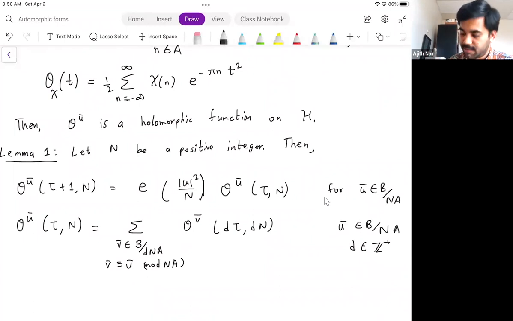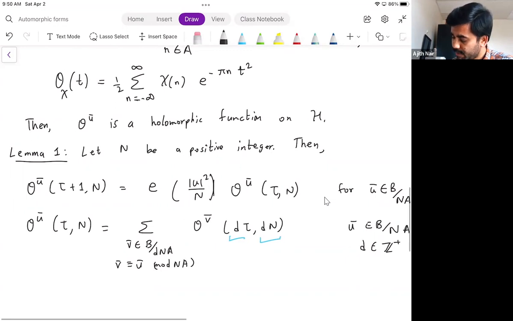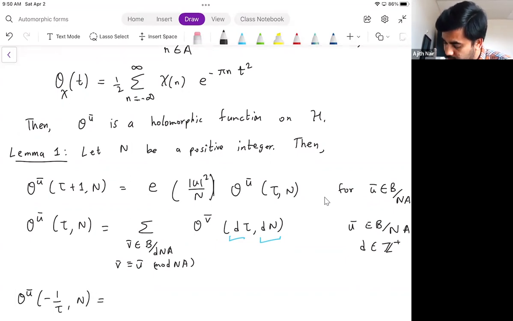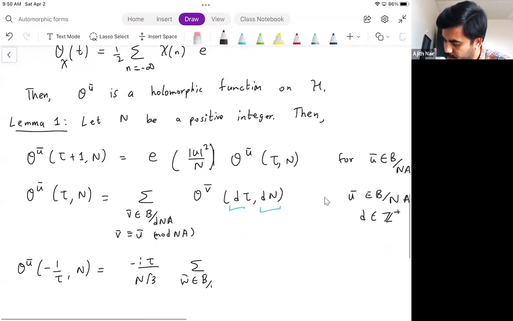We are scaling the variables tau and n, and then we try to see how that affects the theta function. The third property is again the modularity property. If we take negative 1 over tau comma n, then this is going to be negative I tau over n square root 3 summation w bar belonging to B mod NA.